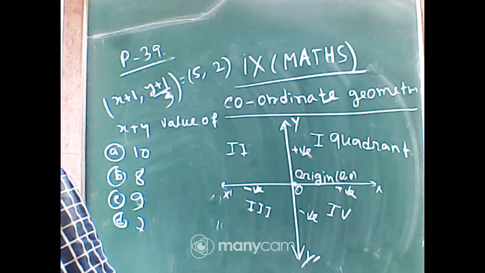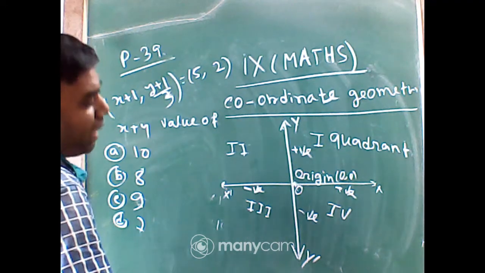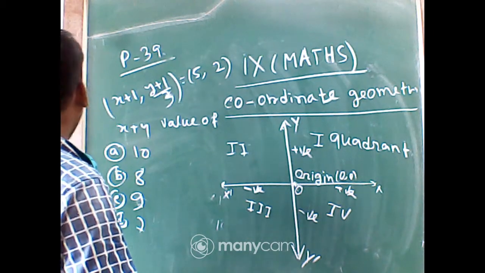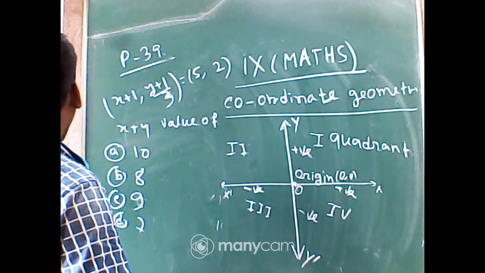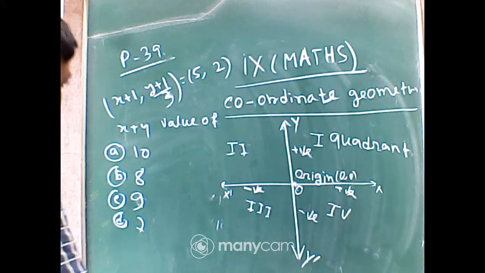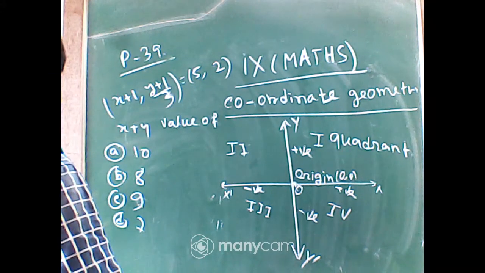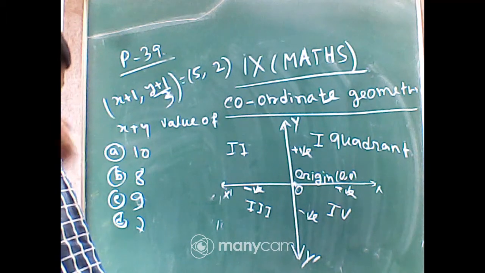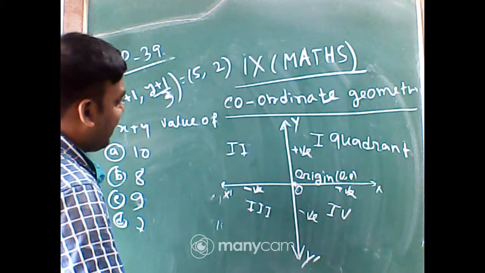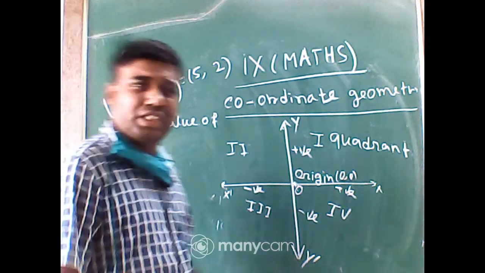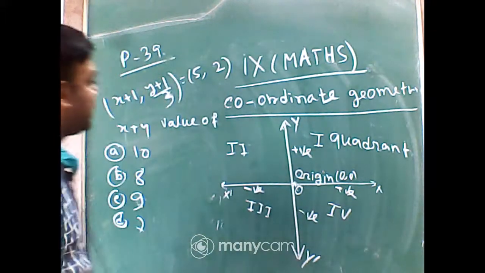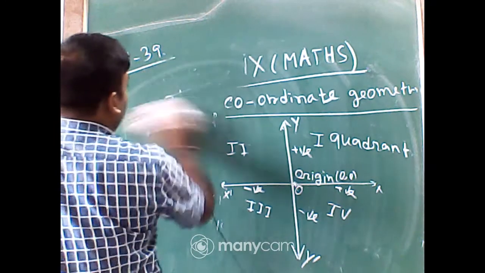You have to answer with the option and the answer. Option C, that is 9. That type of question may come in your exam. So the concept of coordinates and abscissa is clear.